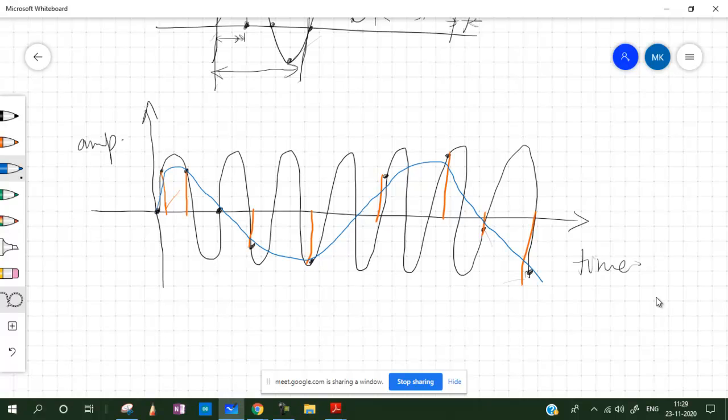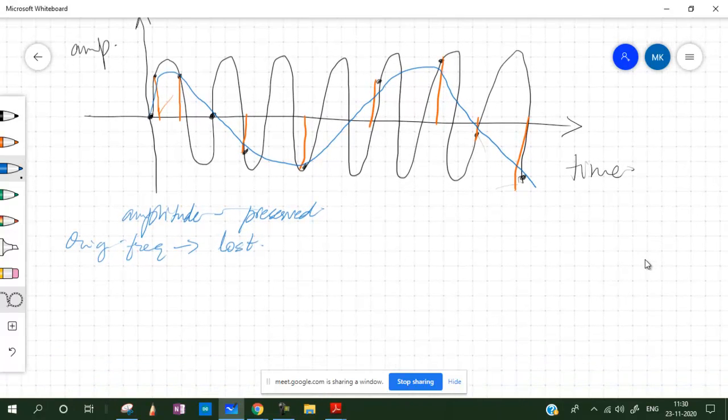Now if you compare this with the original signal, maybe the amplitude is preserved. But the most important thing is the frequency of the input signal is lost. The original frequency is lost, which may be very important for us in terms of measurements.